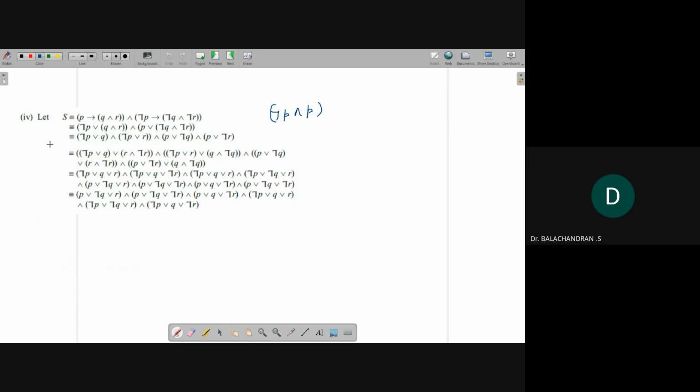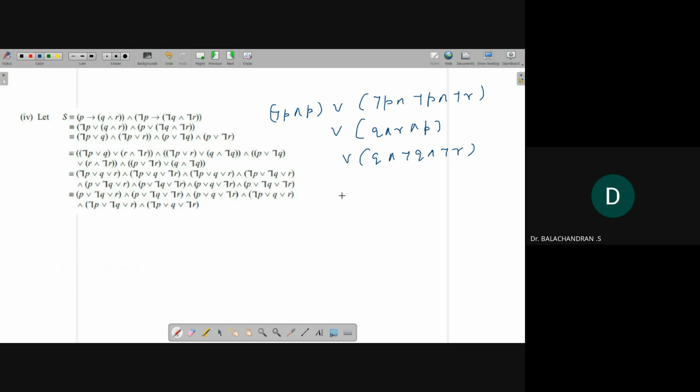Suppose you apply extended distributive: negation P and R, negation P and negation P and negation Q, negation R, Q and R and P, R, Q and negation Q and negation R. So from this, this is false.